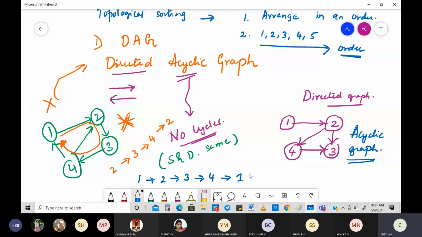If it contains cycles, then finding a topological sorting becomes very tough. You cannot find it. So you need to have a DAG, a directed acyclic graph, for topological sorting to work.